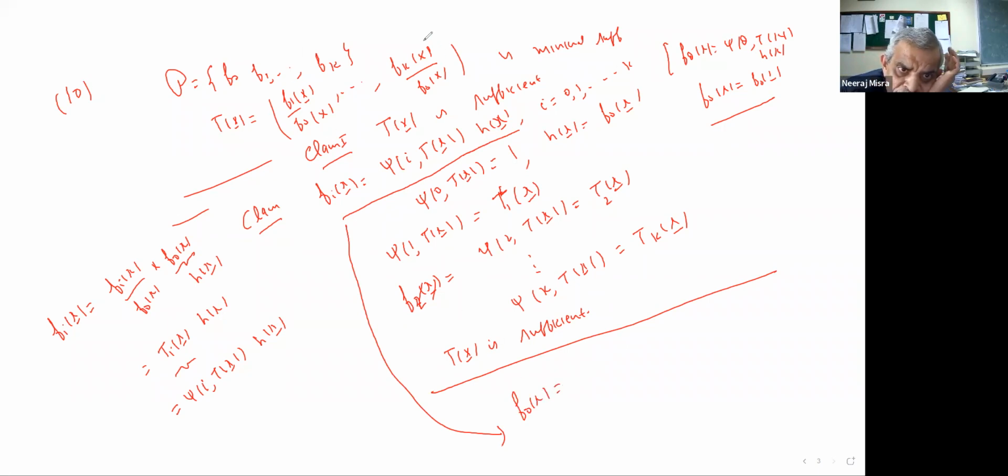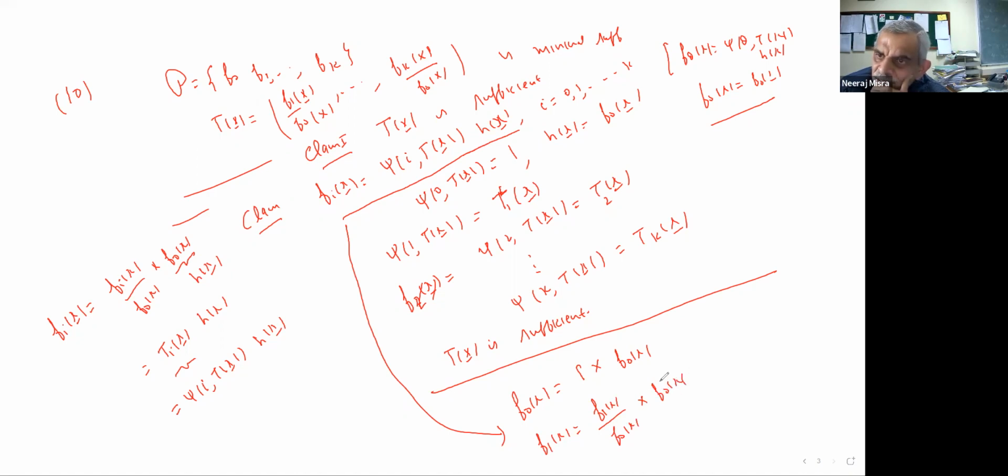f0(x) cannot be written as a function of T(x). So that means this ψ_0(T(x)) could be the same as 1, times f0(x). h(x) I can take as f0(x) only. Now f1(x), how can I write this as a function of f1(x) upon f0(x), ..., fk(x) upon f0(x), multiplied by f0(x)?